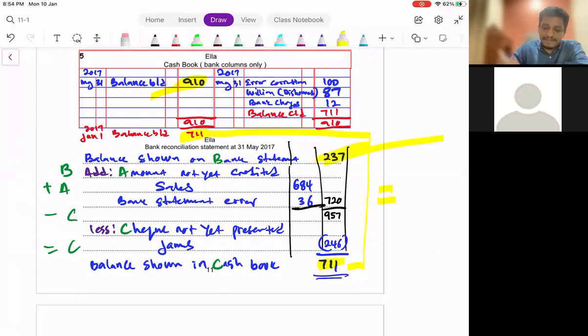Which represents the correct, updated, latest balance of the bank? The one that is 711, because both sides agreed on that one. So that's the corrected balance. Since your cash book is on the debit side, it will be under current assets. Balance b/d in the debit is your asset, so it's a current asset.